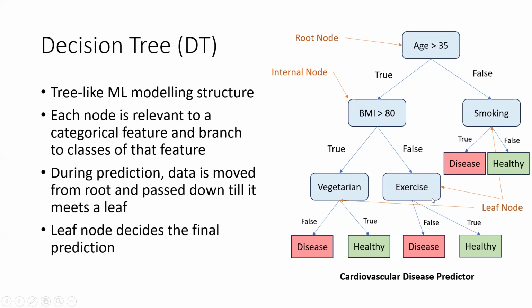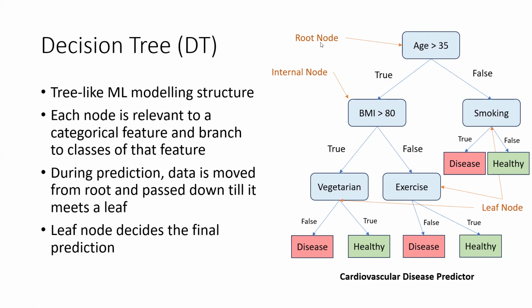With these 5 variables, we have made a decision tree in this example. So I think most of you guys have learned these kinds of trees in your schooling days also. We call it the tree, but it's an uprooted tree.